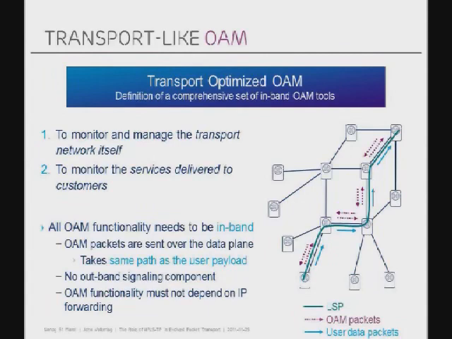So the transport optimized OAM has a capability of transporting OAM traffic embedded in the data path of the user traffic. So the OAM traffic will always follow exactly the same route as the user traffic. And that is very important because with this you can get very good service level agreements on the services itself.